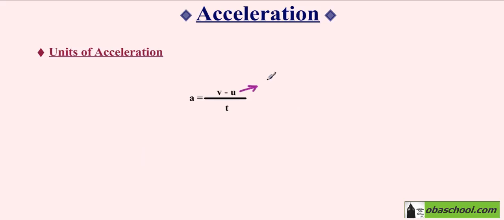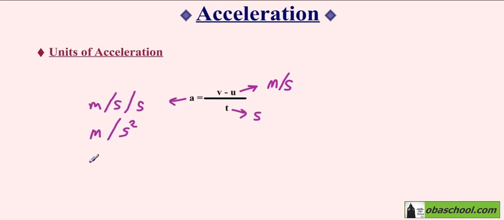If the unit of velocity is meter per second, for example, and the unit of time is second, then the unit of acceleration is meter per second per second, or meter per second squared, or as we mentioned earlier, it can be written as meter second to the power minus 2.